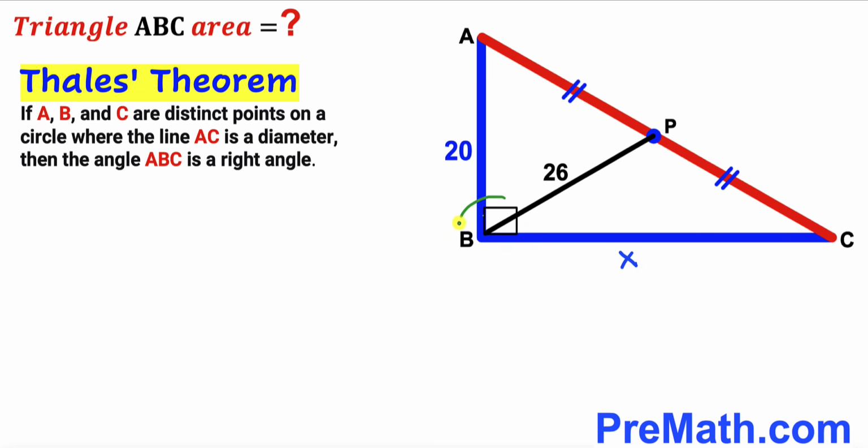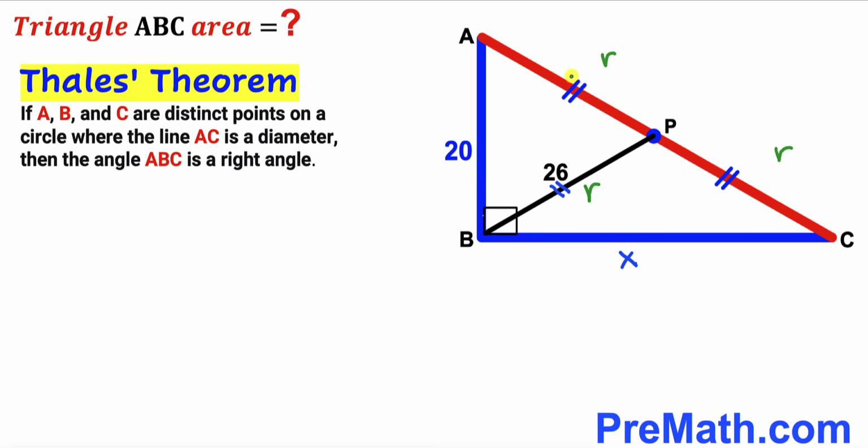Here we can see this is our 90 degree angle, and P is the center of the circle. So we conclude that AP is the radius, lowercase r. Likewise, CP is radius r as well, and likewise segment BP is the radius r as well.